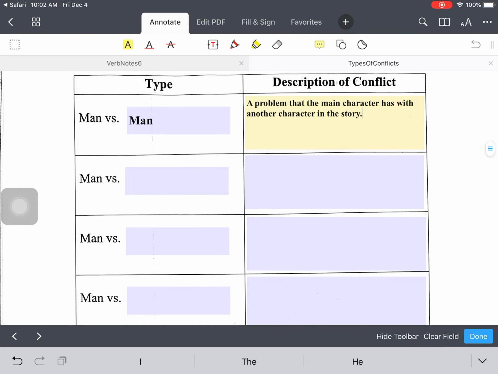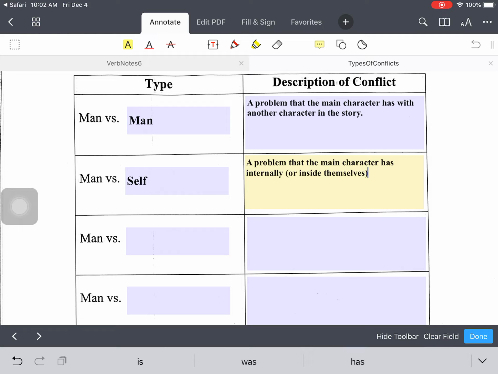The next type is man versus self. And man versus self is a little more complex because man versus self is a problem that the main character has internally, or inside themselves.